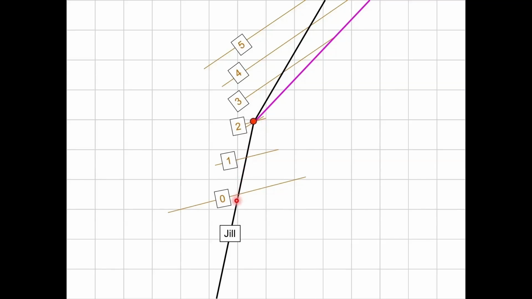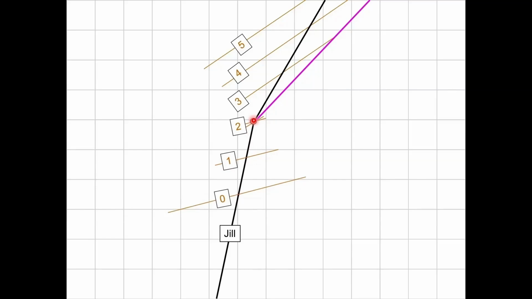Jill starts measuring her time over here and decides this is point 0, so this is the zero simultaneity line, and this is the one simultaneity line. And this point where the trajectory changes is 2 seconds after Jill started measuring her time.